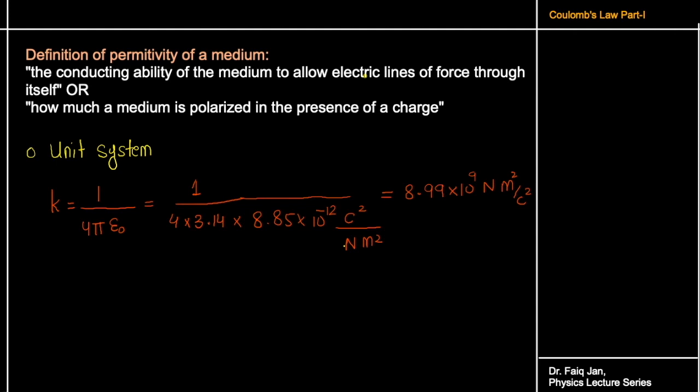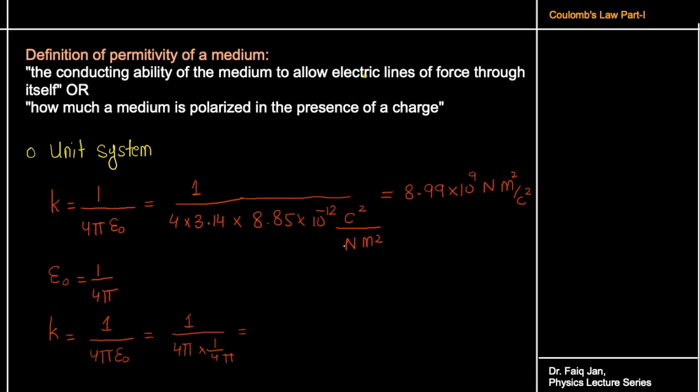In CGS units, epsilon naught is equal to 1 by 4 pi. So the electrostatic constant K can be written as 1 by 4 pi epsilon naught. Plug in the value of epsilon naught in this equation, that is 1 by 4 pi.